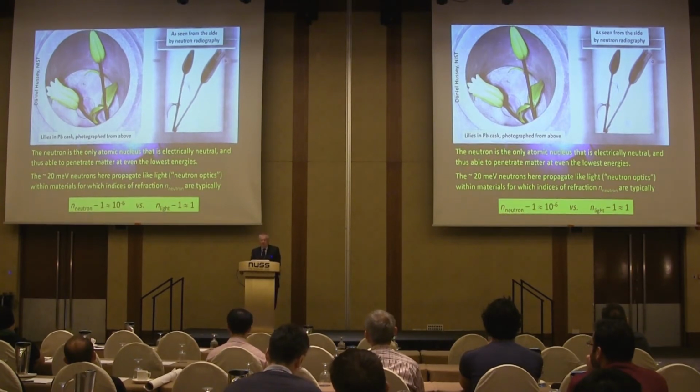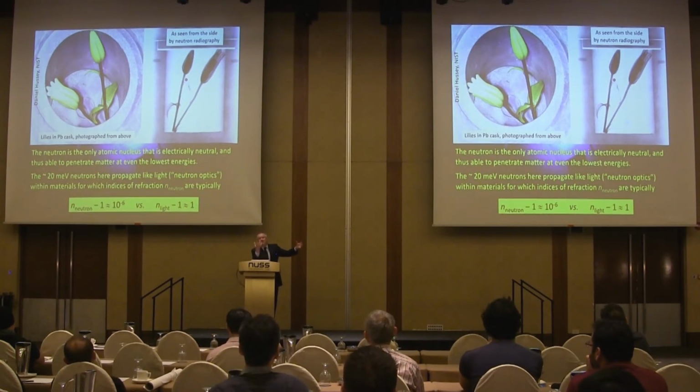And here's exactly that same object seen from the side by neutron radiography. So in this case, there's a source of neutrons, a reactor, and then this cask containing flowers seen from the side. The neutrons pass through, and you can see the shadow image.